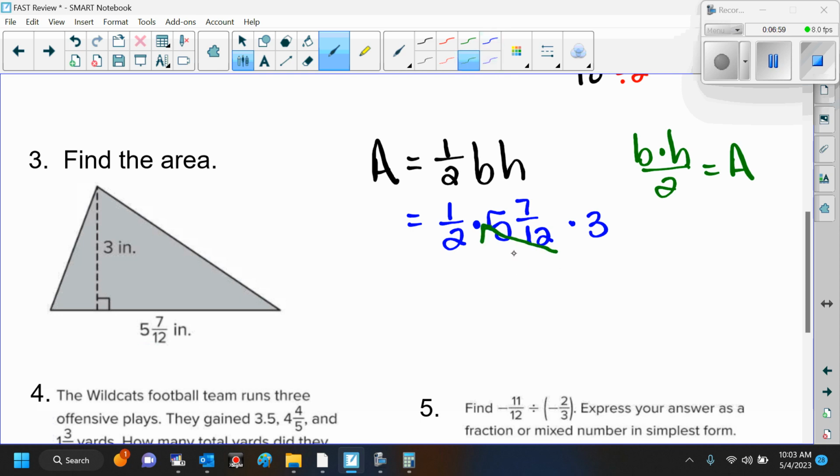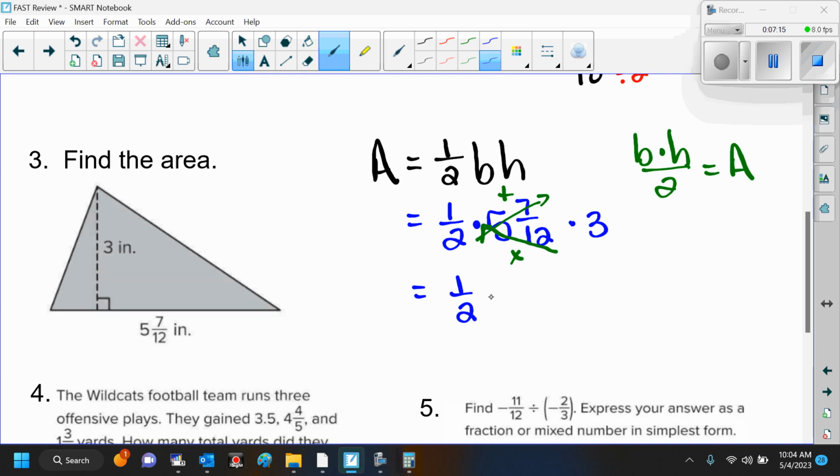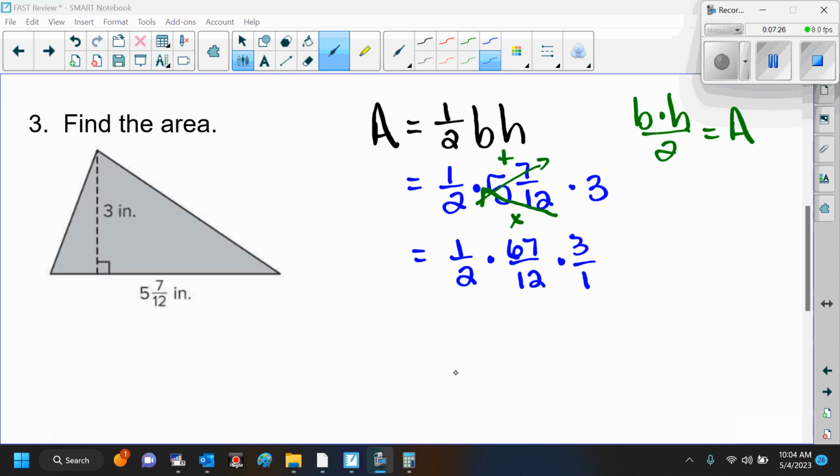So we're going to multiply in this direction, and we're going to add in that direction. So let me rewrite. We've got 1/2. Then we've got 5 times 12 is 60, plus 7 is 67. So this is going to be times 67/12 times 3/1. So what can I do before I multiply?